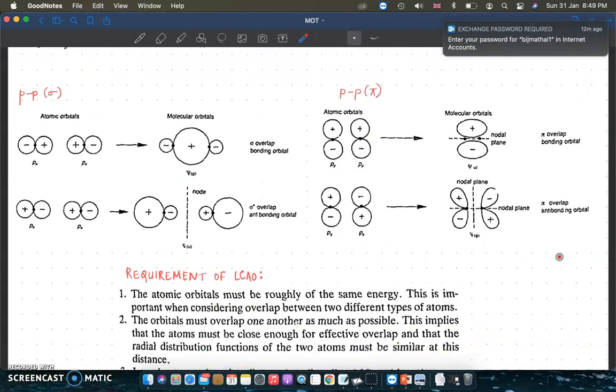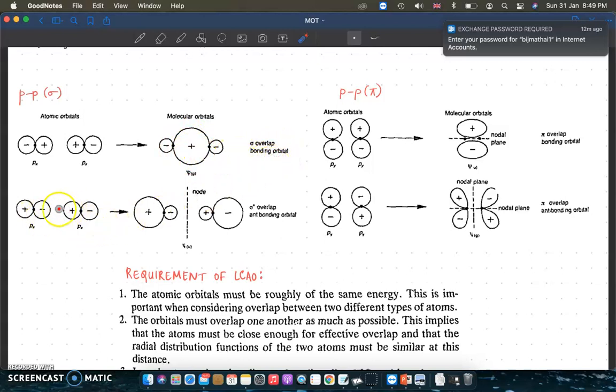Let's look at when there are two atomic orbitals that are both p orbitals. When the two p orbitals are in phase, it leads to a bonding molecular orbital. Since it's a head-on overlap, it's a sigma molecular orbital. So it is a sigma p orbital, leading to a bonding molecular orbital here.